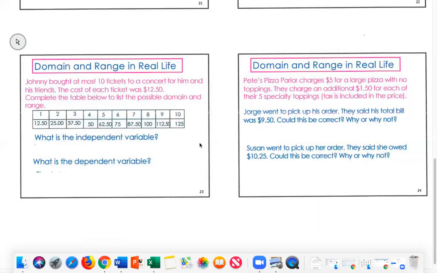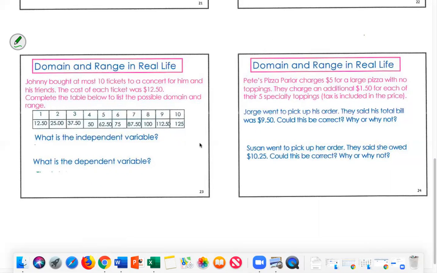So if we look at the table, it says 1 and $12.50, 2 and $25, 3 and $37, 4 and $50, 5, $62.50, 6, $75, 7 and $87.50, 8 and $100, 9, $112.50, and 10, $125. So in this case, I think it is possible to have these domains and ranges because notice my domain is 1, 2, 3.